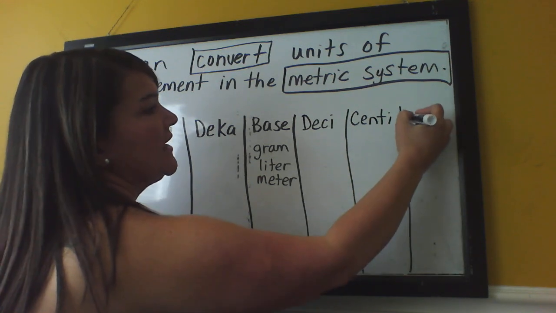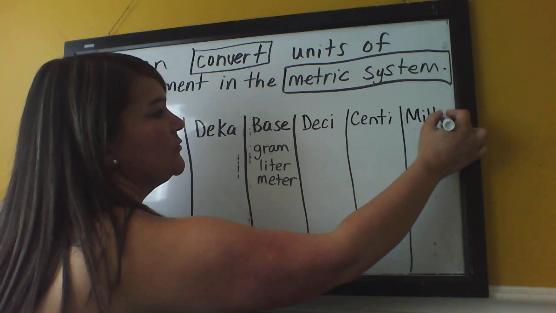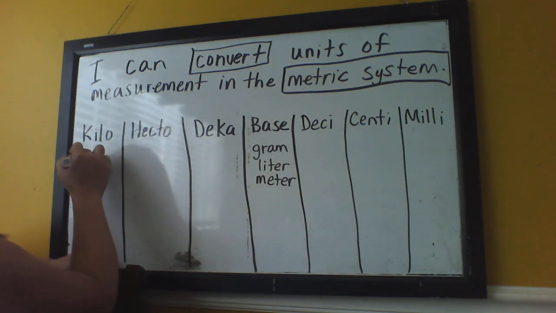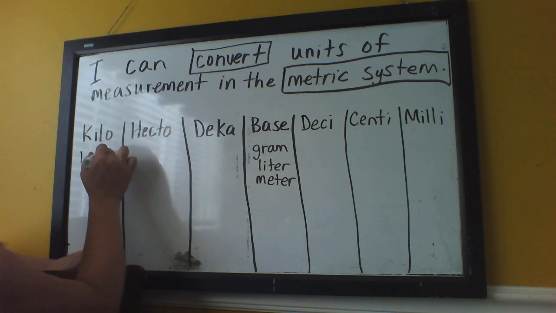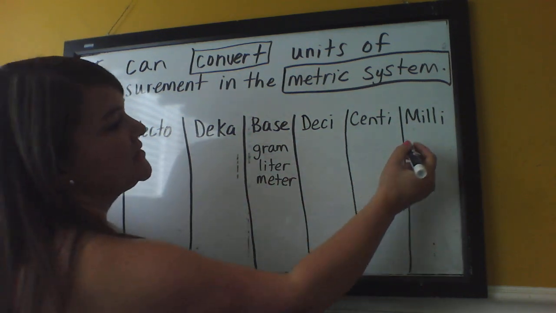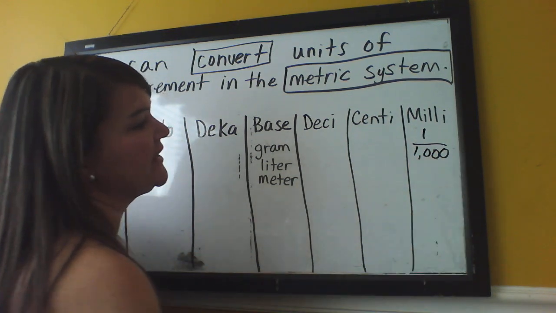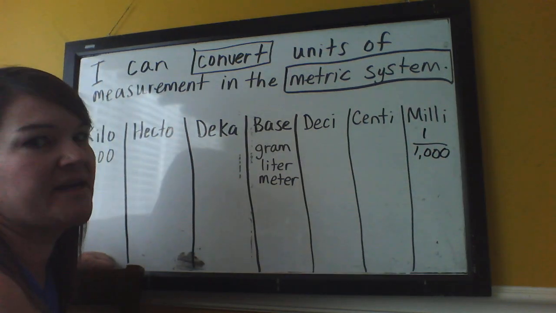And then finally milli, which is the little one. We've already talked about how kilo is worth 1,000. And we said that milli is worth 1/1,000th. So that's super, super tiny. That's only one piece out of 1,000.